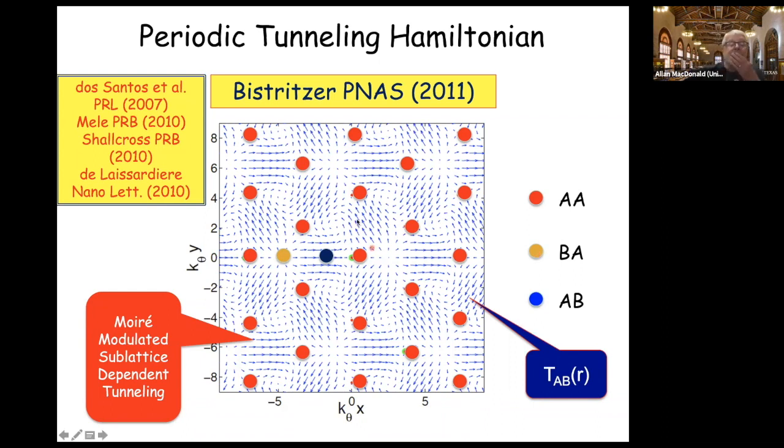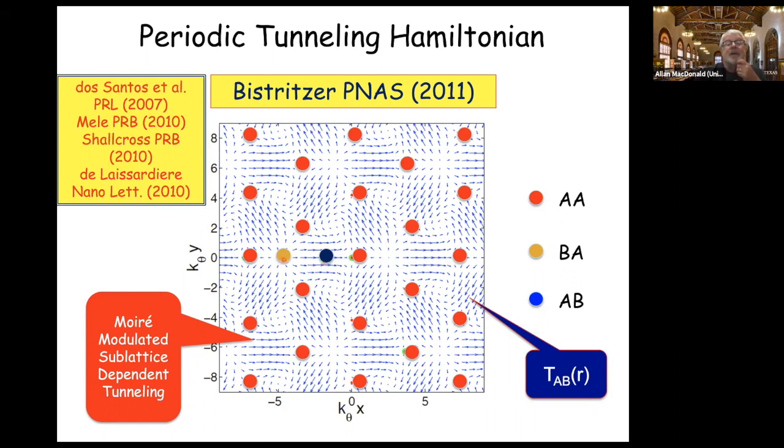But this plot is actually a plot of one of four interlayer tunneling amplitudes, because there are two sublattices in each layer, two bands. The tunneling between the layers is sublattice dependent. This is just showing one of those amplitudes, which is a complex number plotted as a magnitude and a phase by the length and direction of these arrows. The main thing to notice here is that it has the periodicity of the Moire pattern.